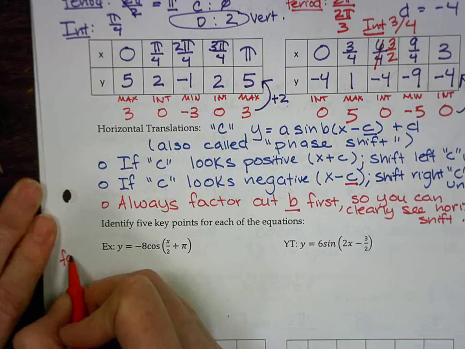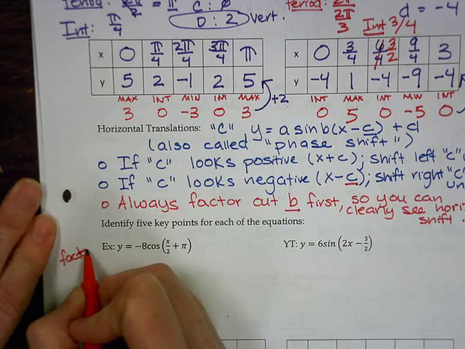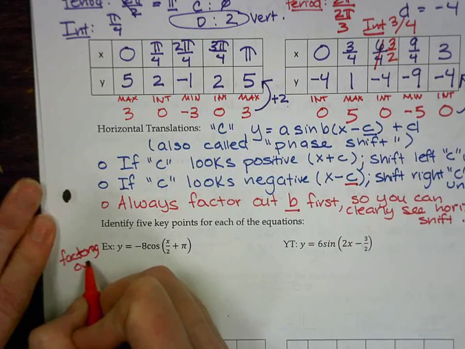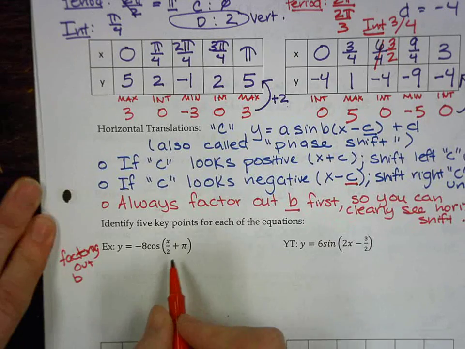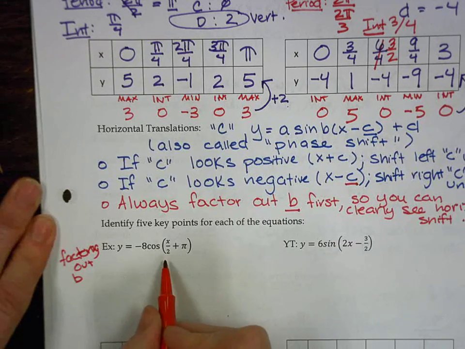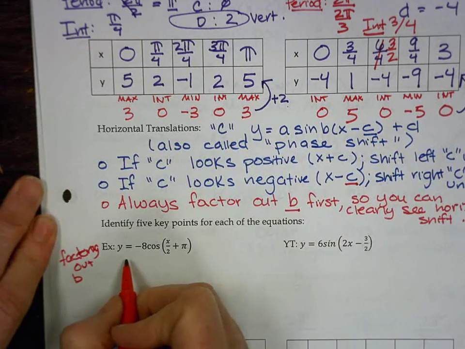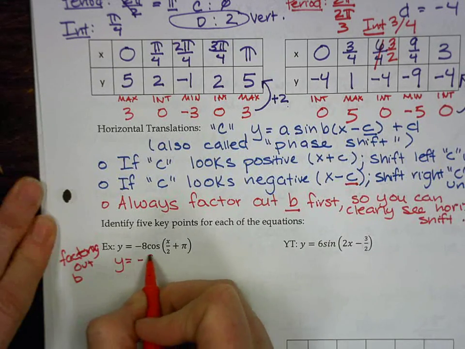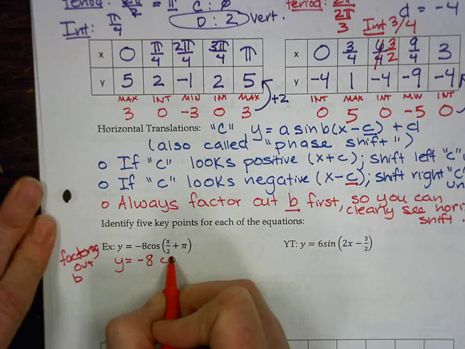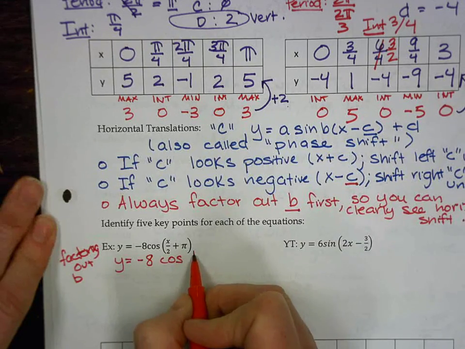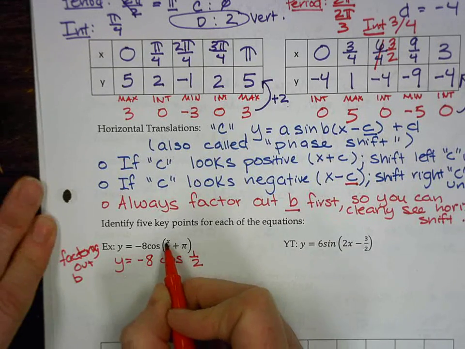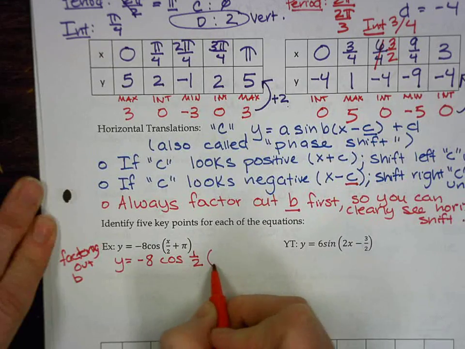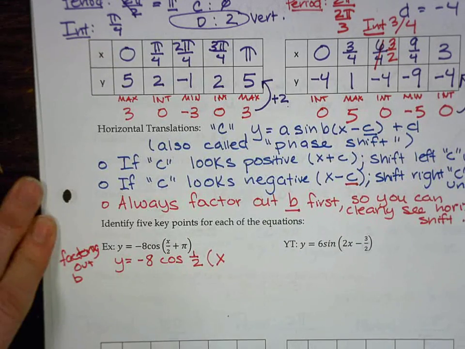I'm going to factor out B. All right, B is 1/2 here. I got to factor it out though. And how do I factor something out? I divide, right? So I have y equals -8 cosine. I take out the 1/2. So 1/2 divided by 1/2 just leaves me with x.